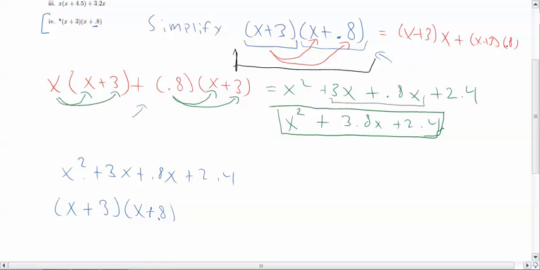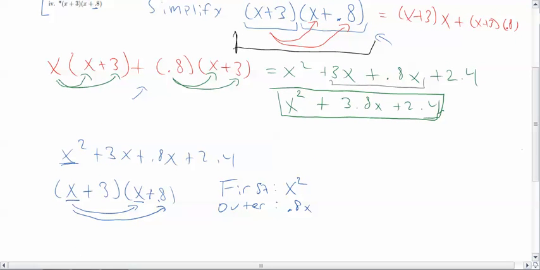So this x squared term right here, that's like multiplying together the first terms in each pair of parentheses. x times x. So if we multiply the first terms together, we get x squared. Now, if we multiply the outer terms together, so the outer terms, because they're on the outside, we get 0.8x.